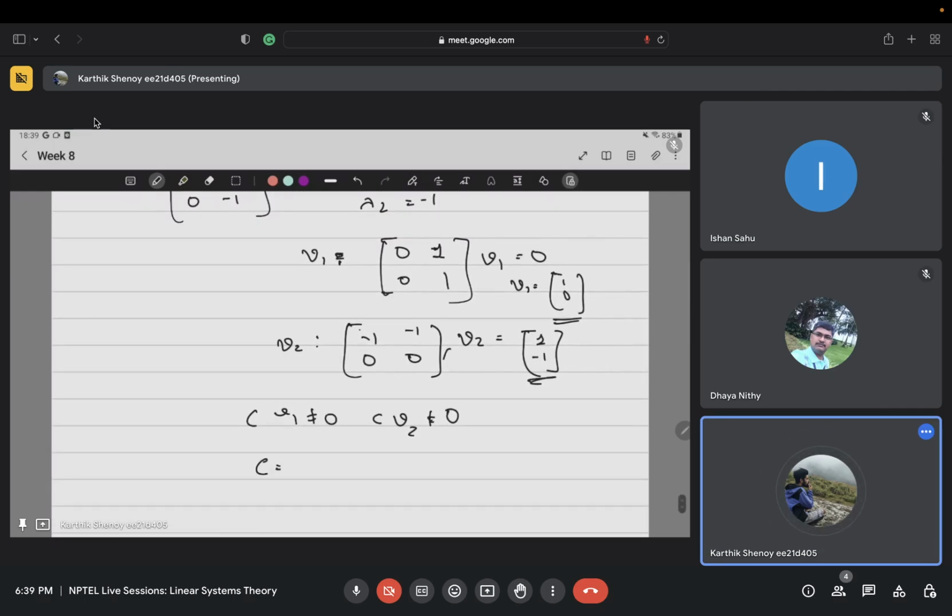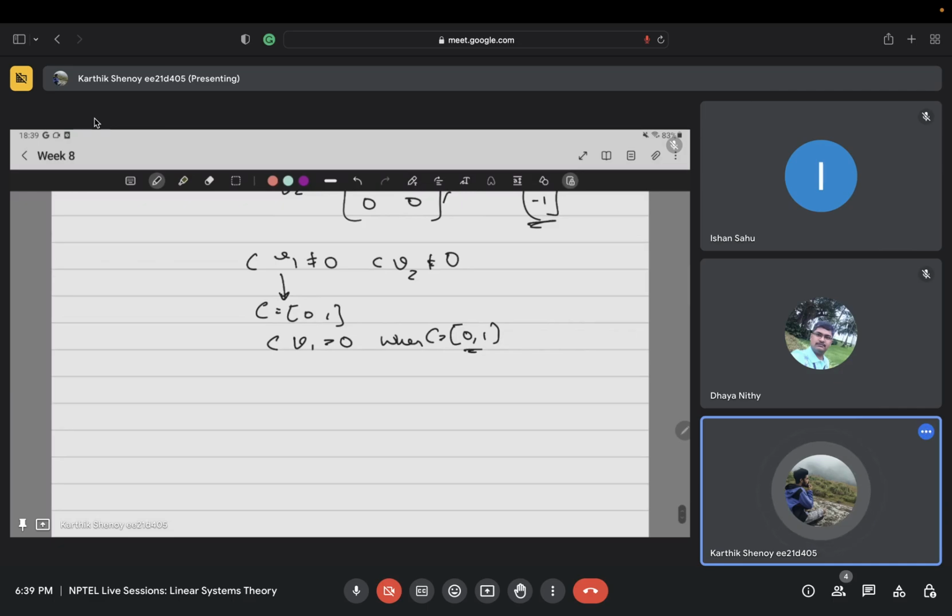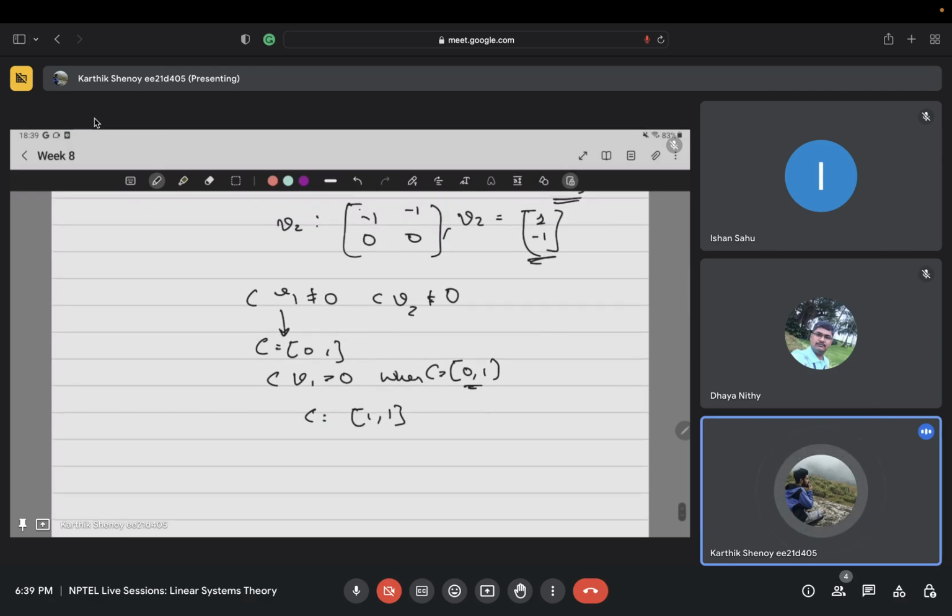When C is equal to 0 1, then C times V1 will be equal to 0. When else can that happen? When C is equal to 1 1. Okay, when C is equal to 1 1 also that can happen, because 1 1 times 1 minus 1 is 0. Okay, so then it's unobservable.